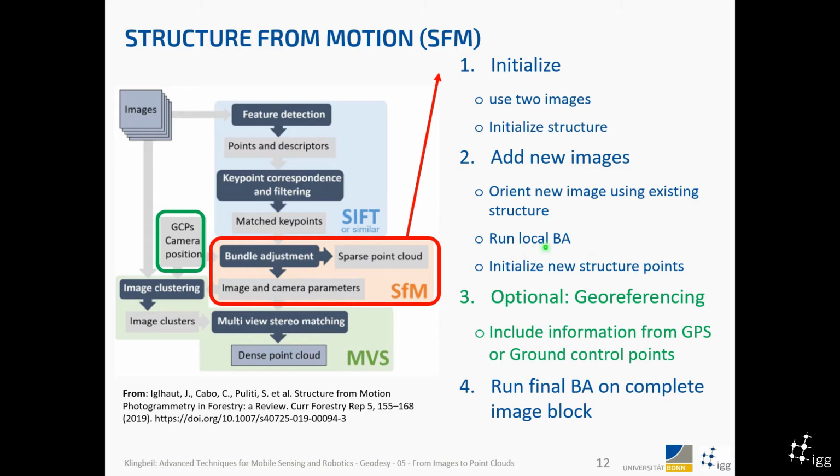So the output here is a good initial solution for a final bundle adjustment which operates on the full set of images and object points. And this can include GPS or ground control point information, and then the final result is a sparse point cloud which is georeferenced in the best case.